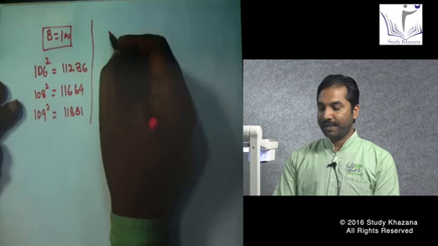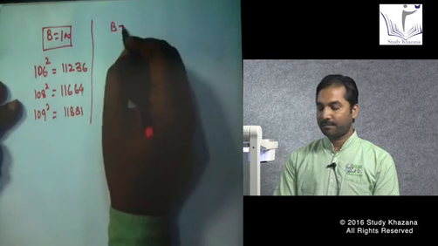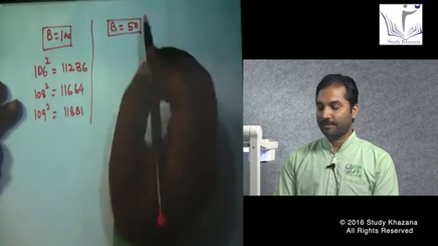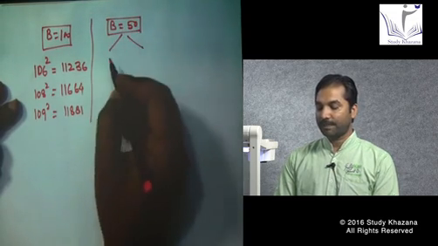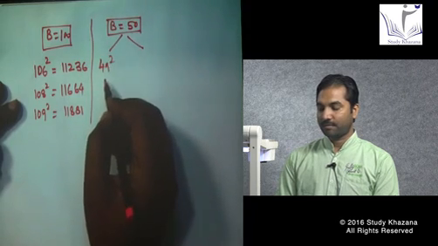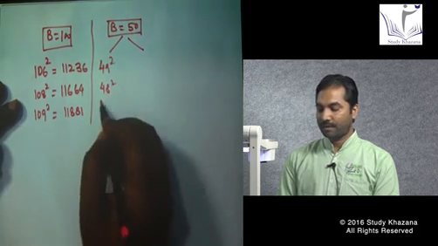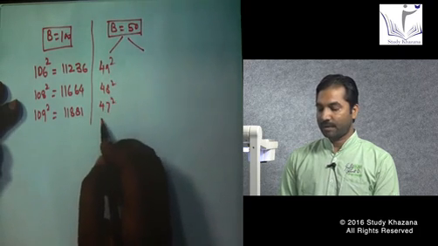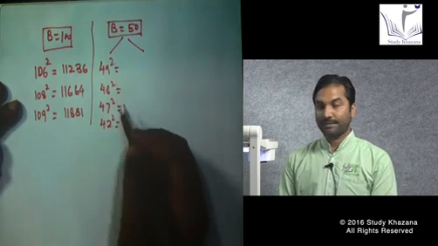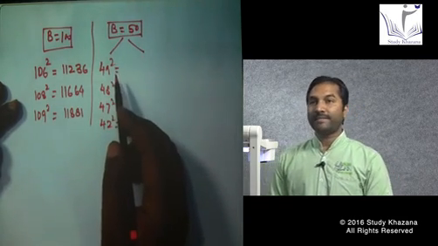If we take base 50 and the number is less than 50, like 49 square, 48 square, 47 square, 42 square, right? 49 is 1 less than 50.